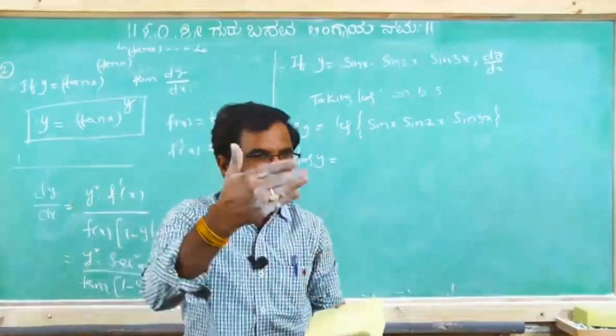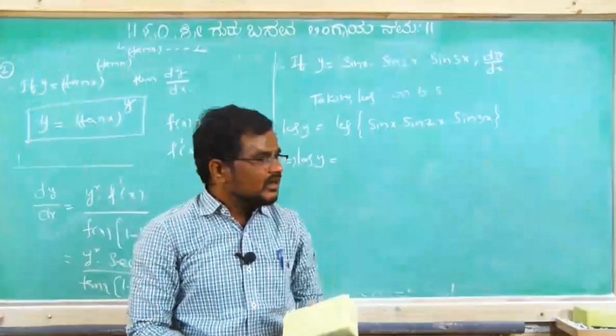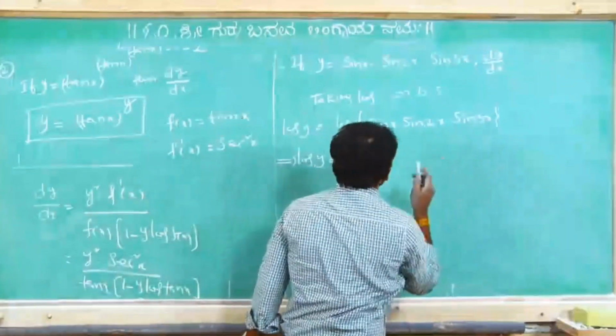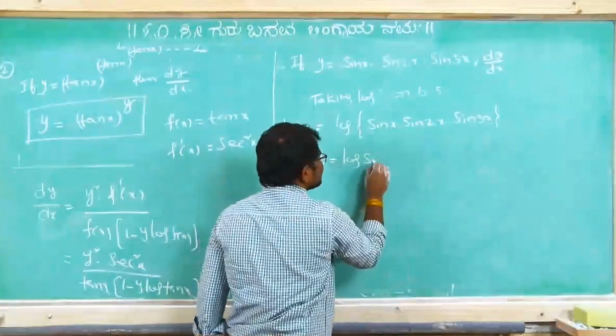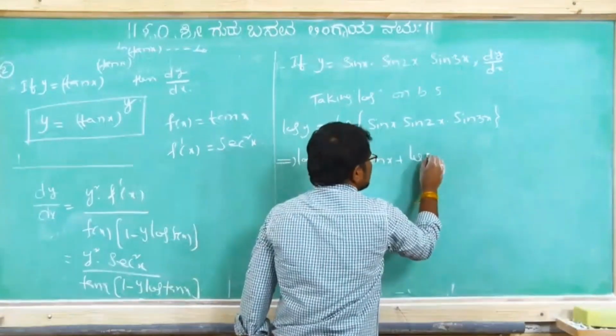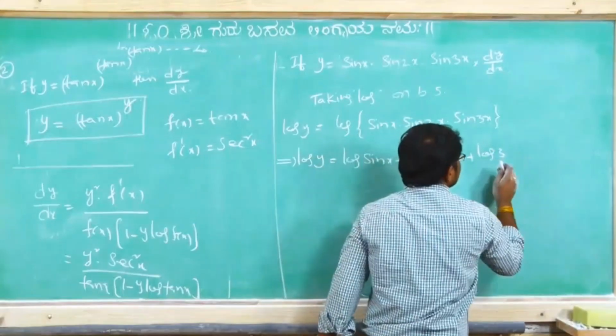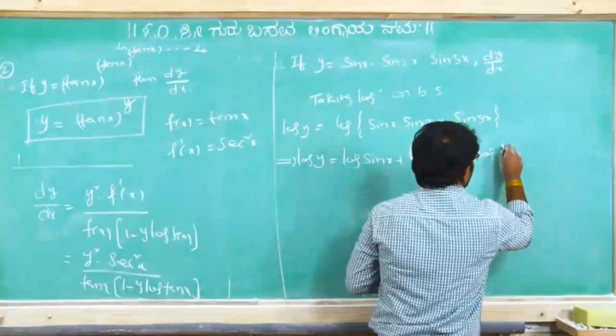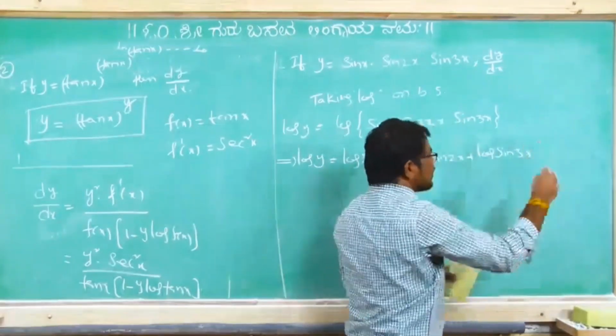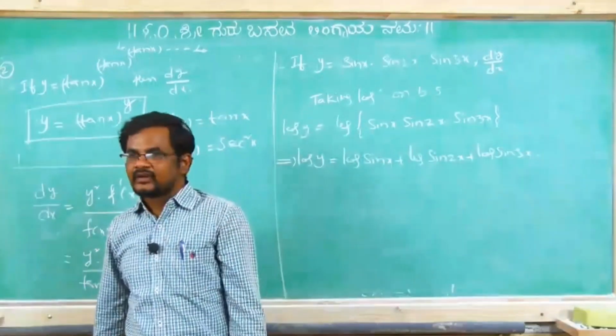Like that you can extend up to a finite number of terms. Now here log a into b into c we write as log of sin x plus log of sin 2x plus log of sin 3x.